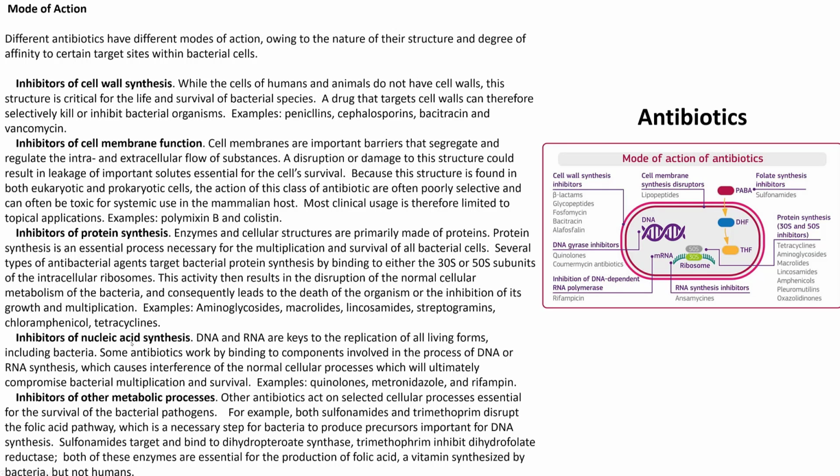Inhibitors of nucleic acid ones, rifampin, the Burroughs Wellcome had trimethoprim. They stop nucleic acid. Metabolic processes, a lot of these can shut those down, and so they have different ways of doing this, and some of these have certain resistance characteristics.